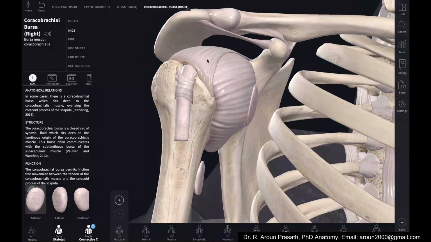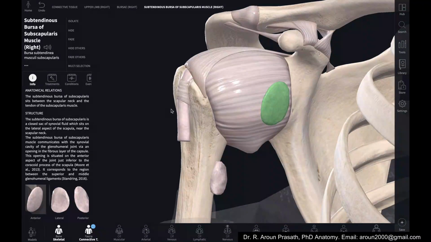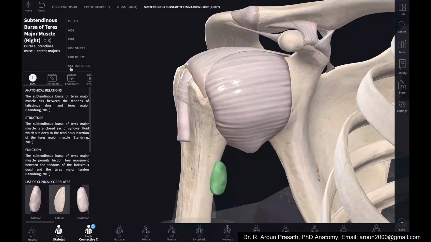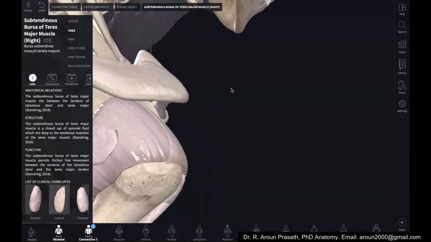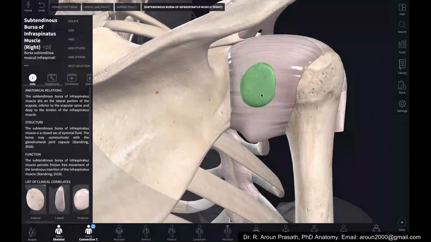Next, apart from this, you have the subtendinous bursa of the subscapularis muscle. This is between the subscapularis muscle and the glenohumeral joint. Then you have the subtendinous bursa of the teres minor muscle. In the posterior aspect you have another bursa, the infraspinatus muscle bursa.